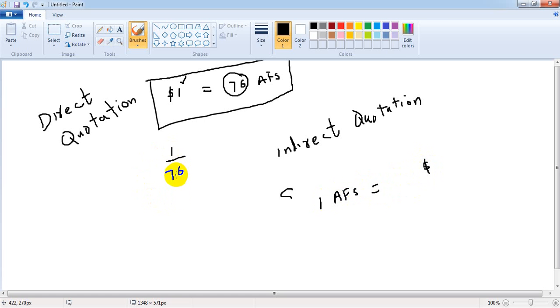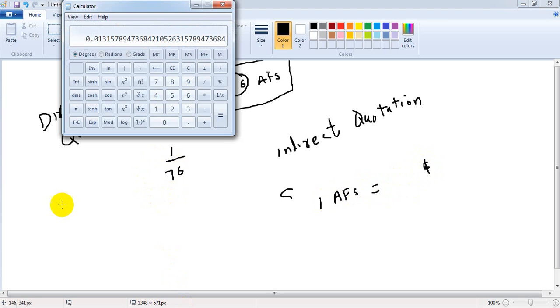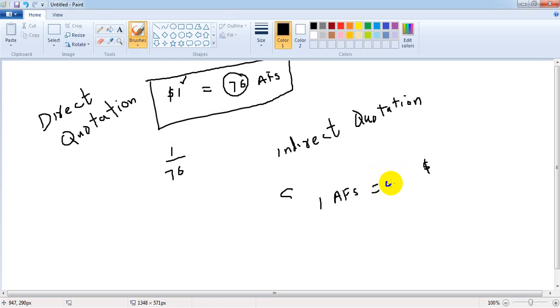So we divide 1 by 76, and we get 0.0131. So this is called indirect quotation.